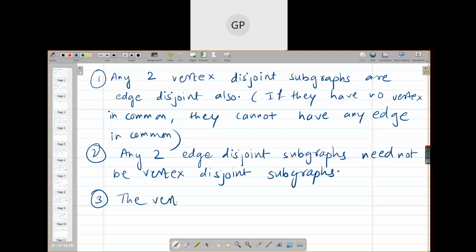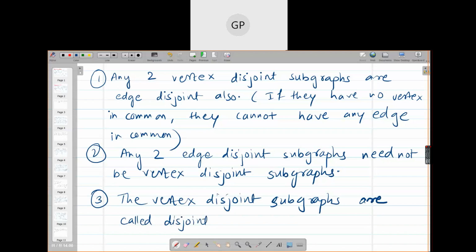The vertex disjoint subgraphs are called disjoint subgraphs. Okay. Finished writing? 2 more lectures I will require to complete this chapter. Okay.